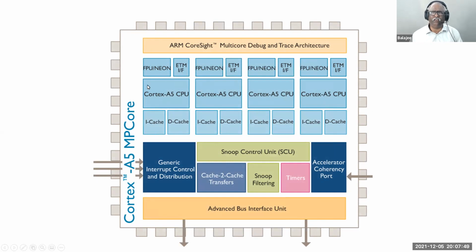They have 4 cores inside, and they have an I-cache, D-cache and everything. There are so many caches for each one, and they have an advanced bus interface, the AXI bus interface, and a system timer. All those things are built in. So this is called the A series. Now I'll tell you all the things one by one.